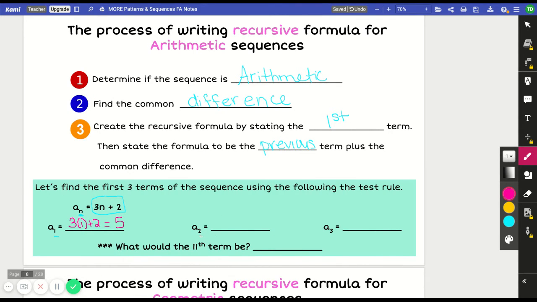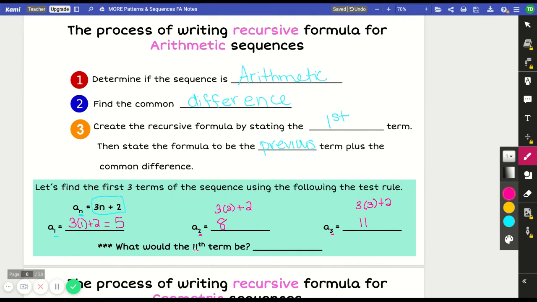Now we do the second one. If n is 2, we're going to plug that into the equation. 3 times 2 is 6, plus 2 is 8. When n is 3, we plug that into the equation. 3 times 3 is 9, plus 2 is 11.